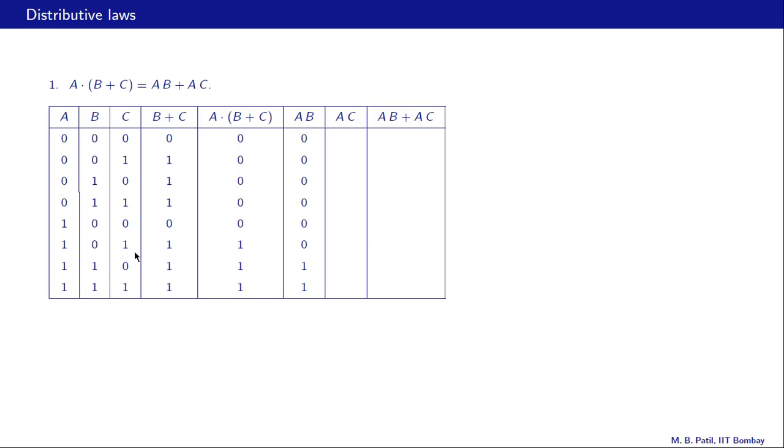So we have those 2 entries as 1 and all others are 0. What about AB plus AC? That is 1 if AB is 1 or AC is 1 or both are 1, and that happens, as we can see, in these 3 locations. So that is what we get in that column. And now if we compare, these 2 columns are identical, and that proves this identity.